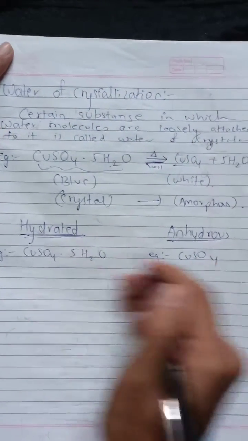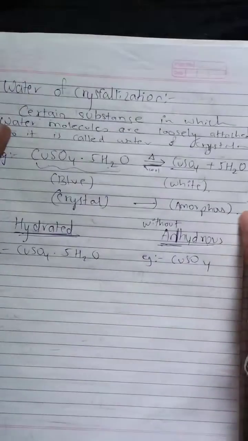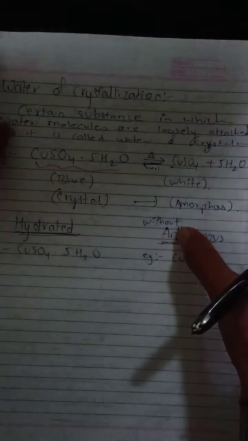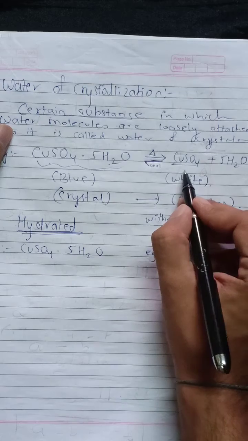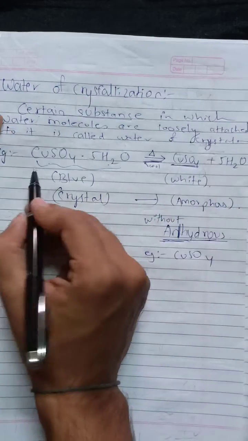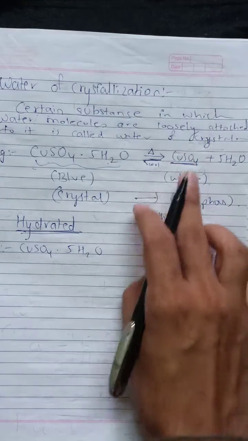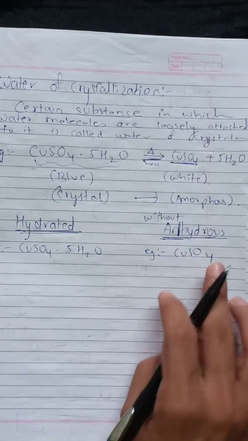Hydrated means water was there. The word "an" means without, as in anaerobic, which means without oxygen. So here "an" means without, and anhydrous means without water. The same copper sulfate, but where water molecules are not attached, is called an anhydrous substance.